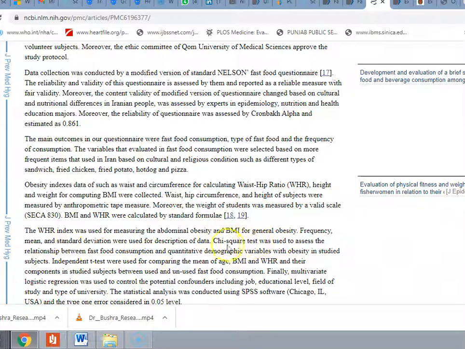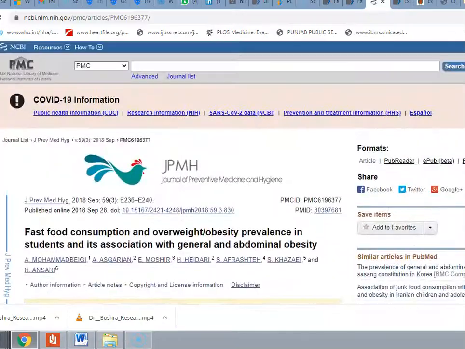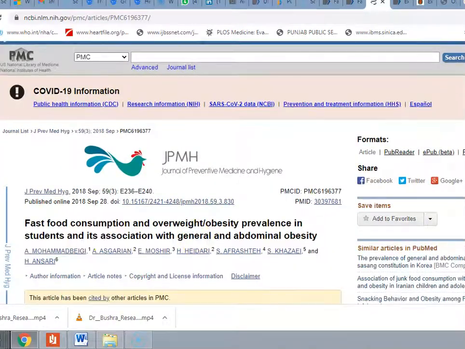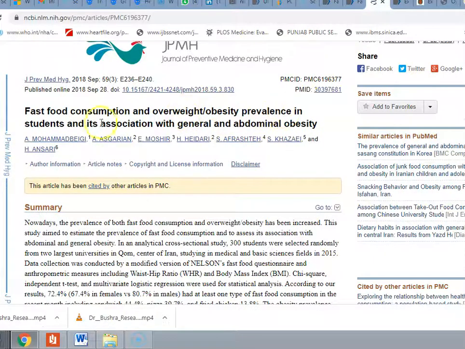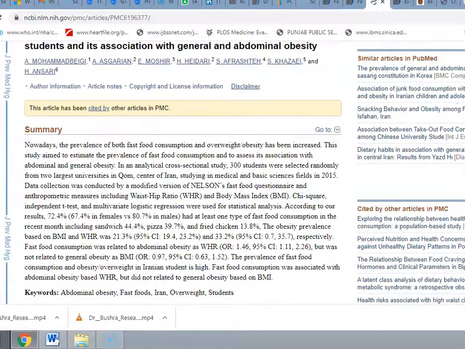This was the test of significance that was used to find the relationship between these variables, and they named the study as fast food consumption and overweight obesity prevalence in students and its association with general and abdominal obesity. They have found a relationship between a risk factor and an outcome. But there is no hypothesis written in an analytical cross-sectional study.